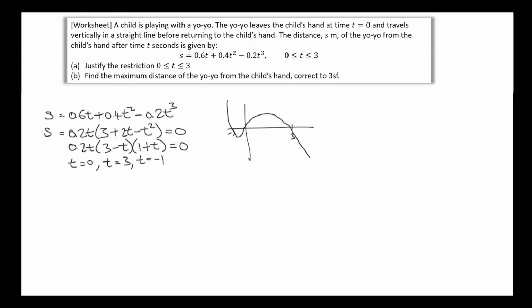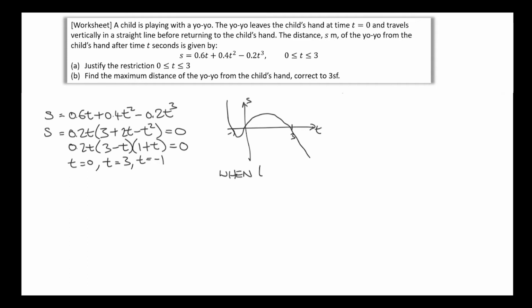Equally, some of this function exists before 0. So this would be motion of the yo-yo before the student has actually thrown it. This doesn't make sense either. The reason for the restriction is that the only part of this function that actually models the yo-yo leaving and returning to the student's hand is the part in between t equals 0 and t equals 3.